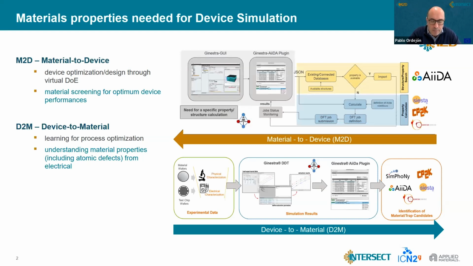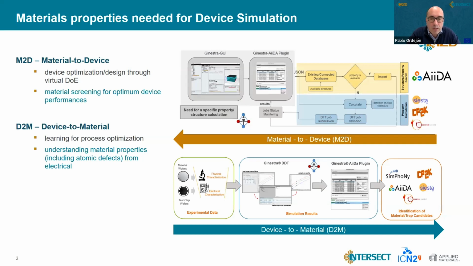We use atomistic first principle calculations of the properties of materials, and we have interfaced Ginestra, the simulation tool for the devices, to use several open source codes which allow you to compute these properties from scratch, and then to use these properties for the material, for the device simulation.